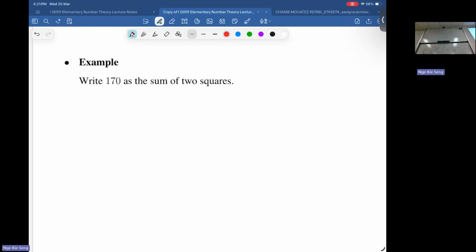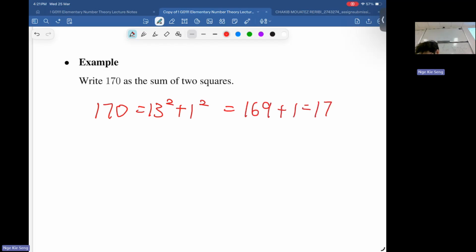Can you use the previous theorem to find it? 13. Very good. So one way is 13 and 1. Maybe this is lucky. You can quickly find it.